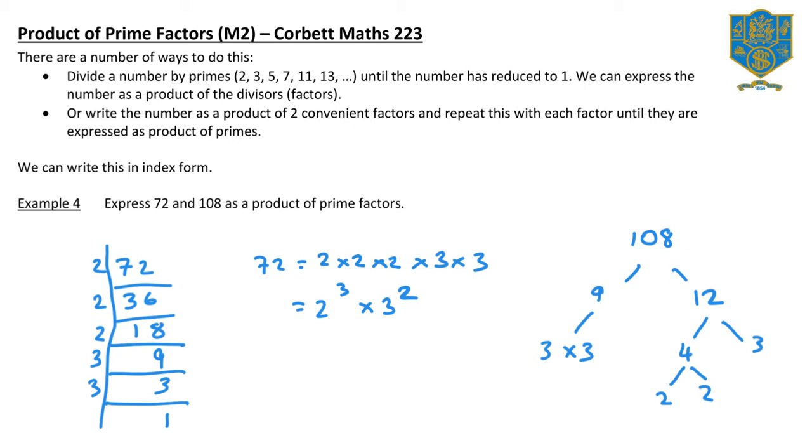So then if we combine these numbers, so the 3, the 3, the 2, the 2 and the 3, we get that 108 is 2 squared times 3 cubed, because there's 2 2's and there's 3 3's being multiplied together. So it's 2 squared times 3 cubed.